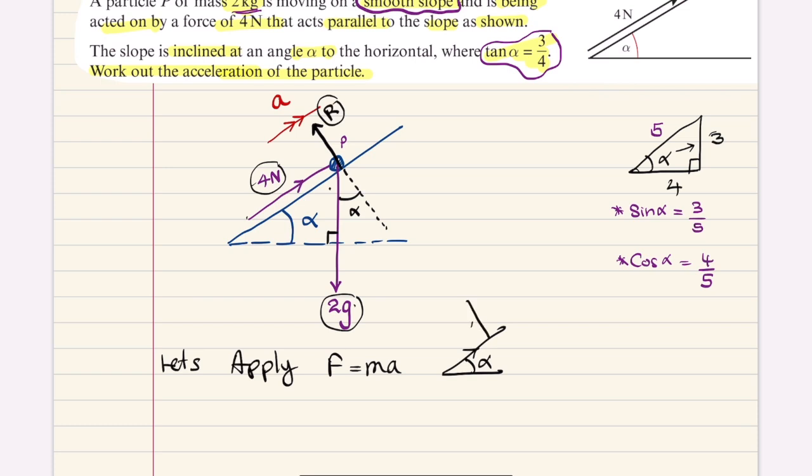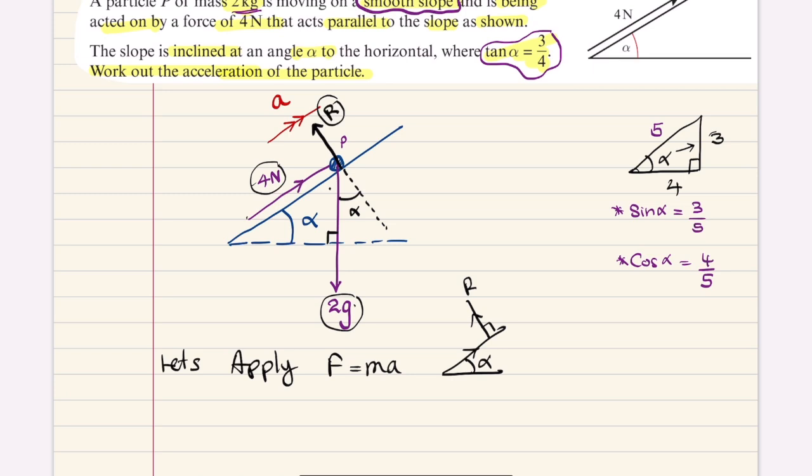The reason is that the normal reaction is perpendicular to the direction that we consider. If there is any force which is perpendicular to the direction that we consider, we would not include it in our F equals ma equation.